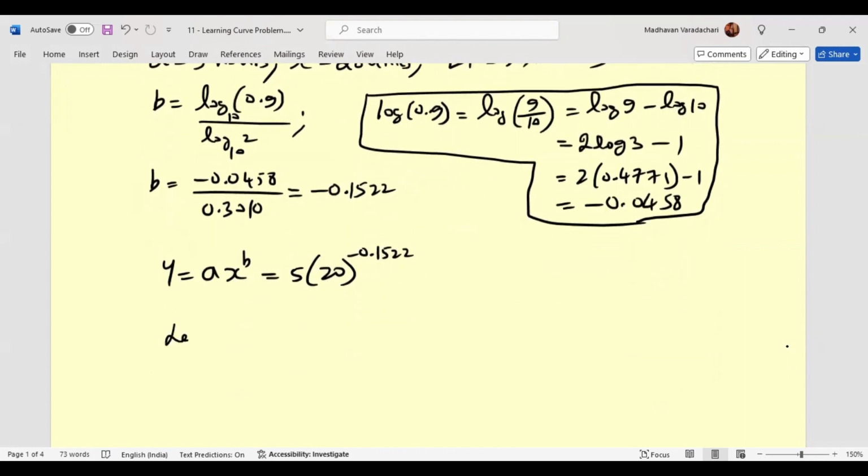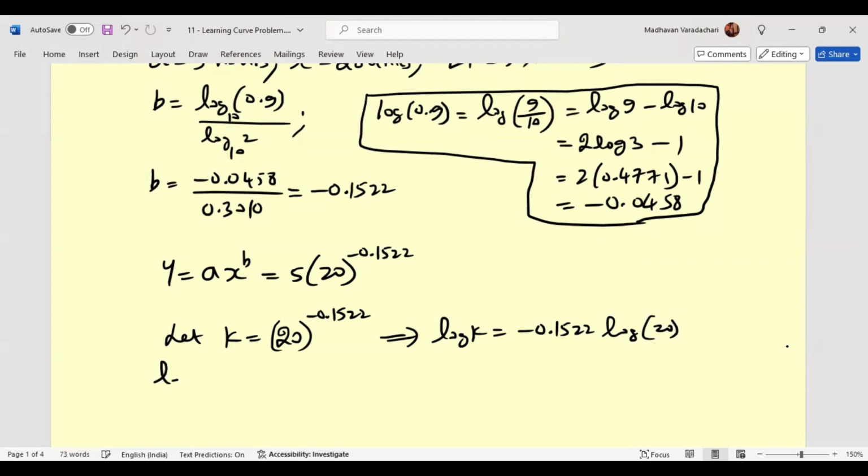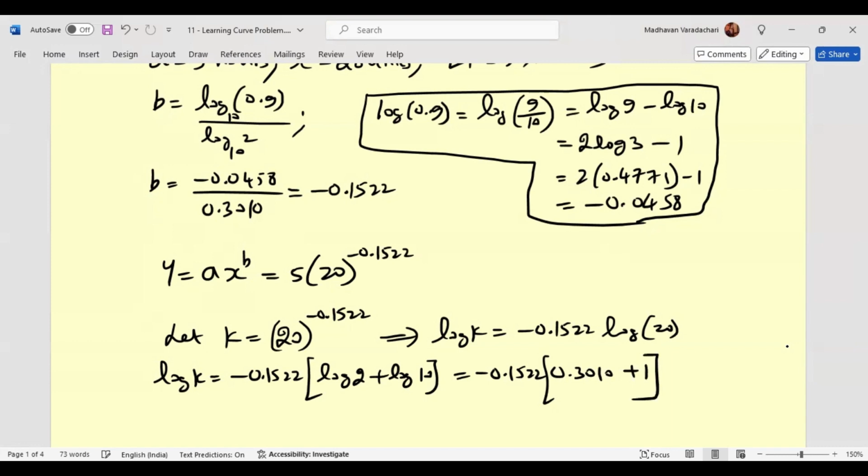Now let k is equal to 20 to the power of minus 0.1522, which means logarithm of k is negative 0.1522 times logarithm of 20. So that means logarithm of k is negative 0.1522 times, we can split this into log 2 plus log 10, which is negative 0.1522 times 0.3010 plus 1.